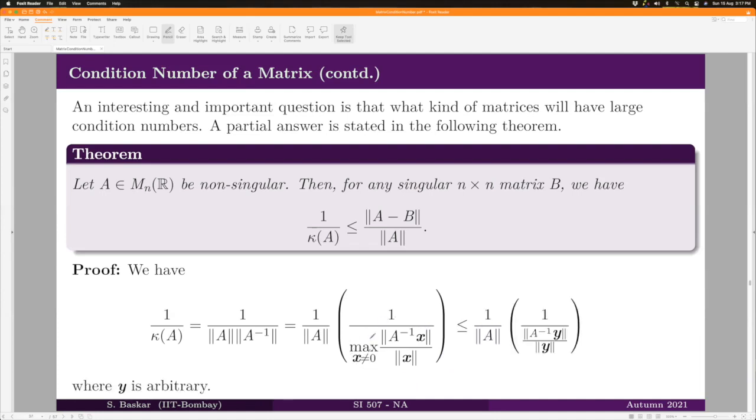Now, what I will do is remove this maximum, and thereby I will have less than or equal to 1 by norm A into norm A inverse Y by norm Y for any vector Y, right?